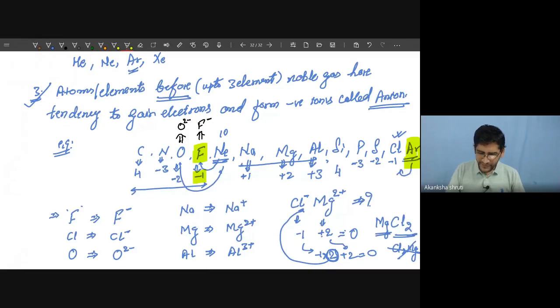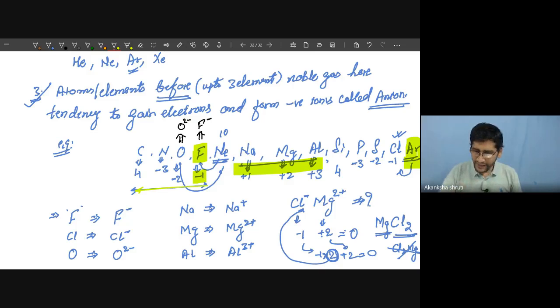Here we have observed, if it is before the noble gas, the valency should be taken negative. If it is after the noble gas, the valency should be taken as positive, but it should be up to 3 only, not for the fourth. It cannot be positive and negative. It is always neutral. Okay, student. So these things we have to keep in mind.